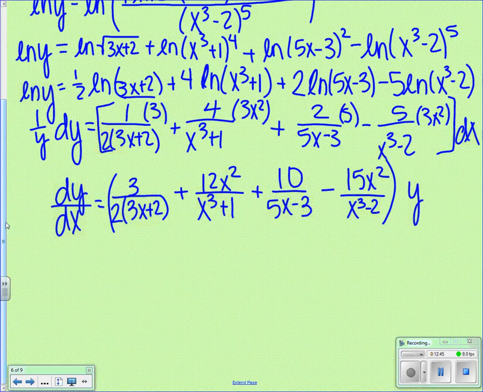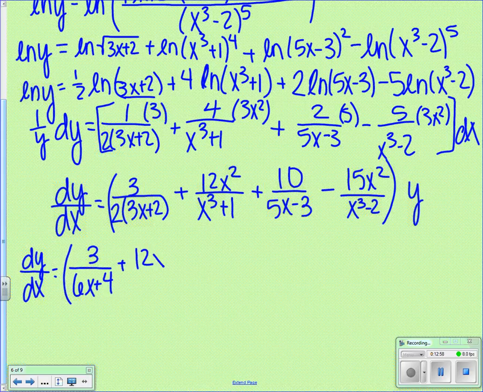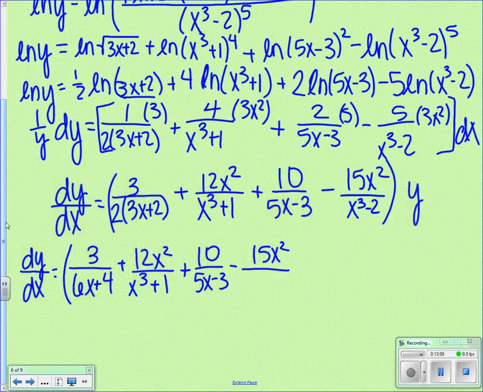But we can't leave that as our final answer. We actually have to substitute the y. And so you may want to write a little bit smaller than you did on the last line. So you're writing all of the 4 terms out. And then you're going to plug in your y.